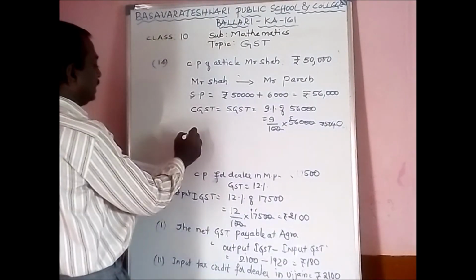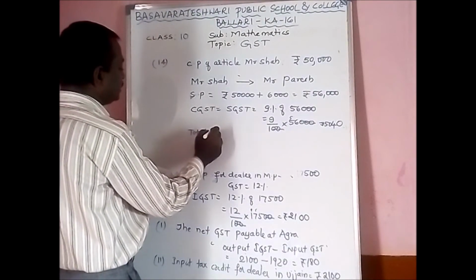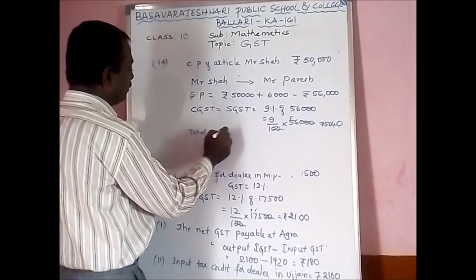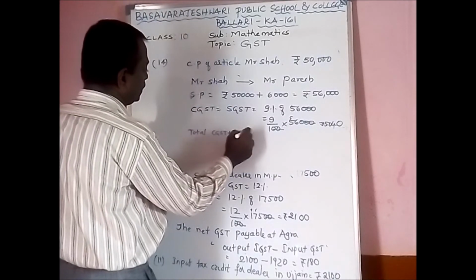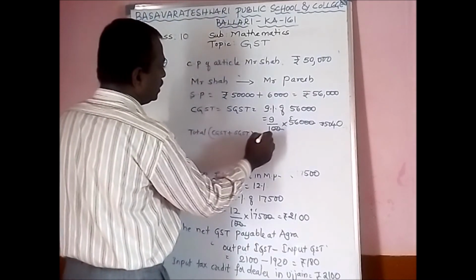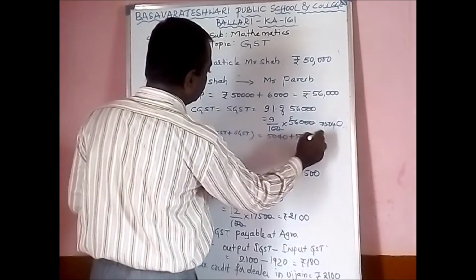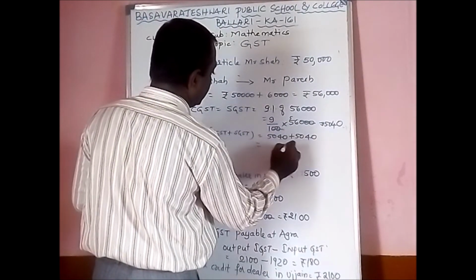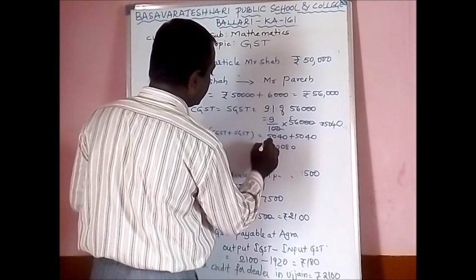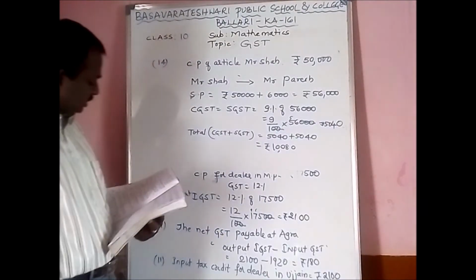So therefore total CGST plus SGST is equal to 5,040 plus 5,040. That is 10,080 rupees, the total GST.